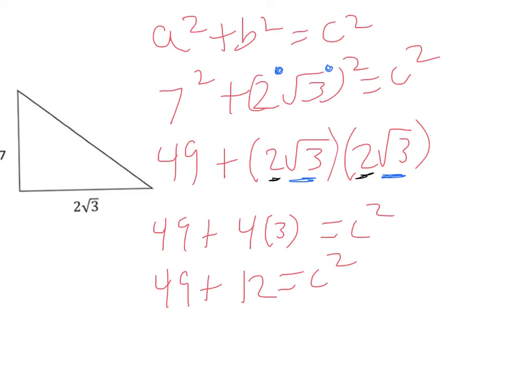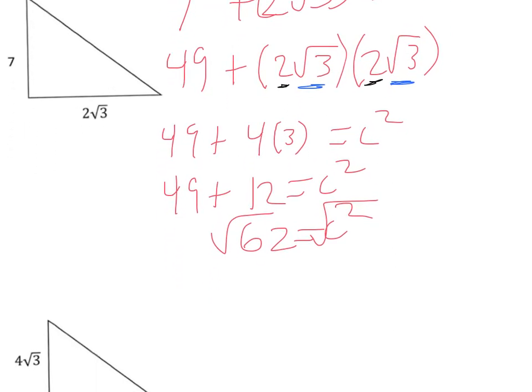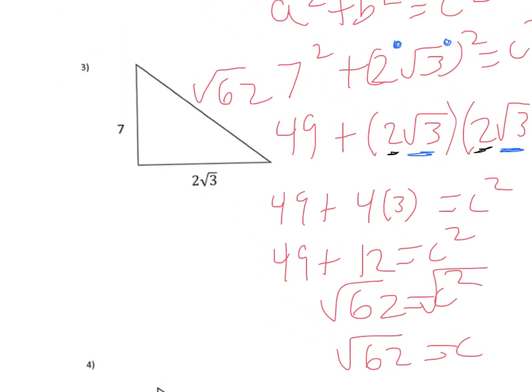Lastly, we find 49 plus 12, which equals 61. So we have 61 equals c squared. Square root both sides, and we get c equals radical 61. Let's plug that in. And now we have enough to find perimeter.